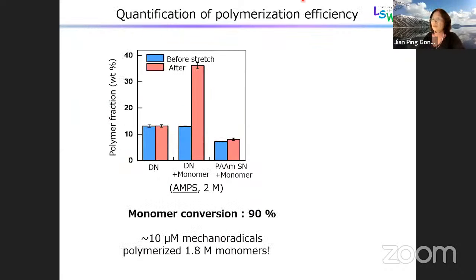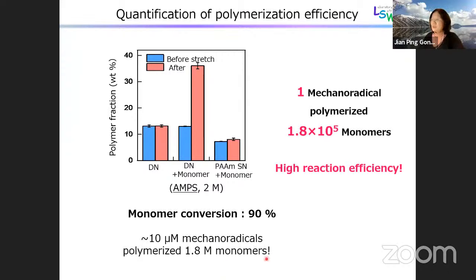And we found that the polymerization efficiency is quite high. For example, if we load 2 molar monomer into the gels, the monomer conversion rate is about 90% in this system. So remember that we have mechanophores on the order of 10 micromolar. So that means this 10 micromolar can polymerize 1.8 molar monomers.